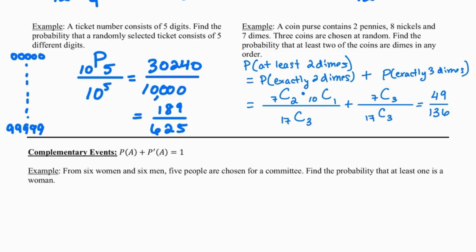It's like ticket 1, ticket 10, ticket 100, 1,000, and 10,000. They're all different tickets, no matter that they're all the same ones and zeros. So it is very specific. And with this one, dime, dime, penny and penny, dime, dime is the same situation. So order didn't matter there, so we did those using combinations.